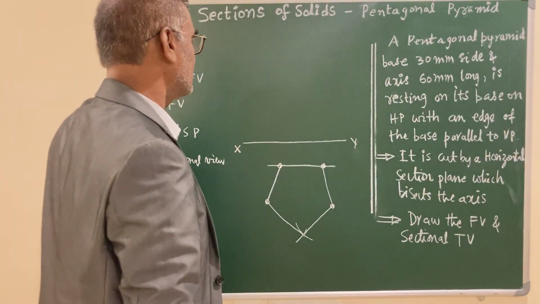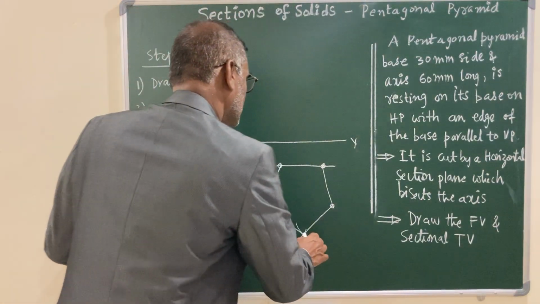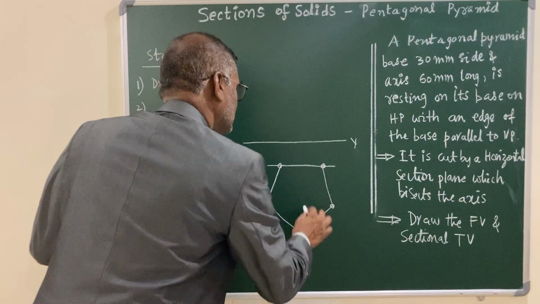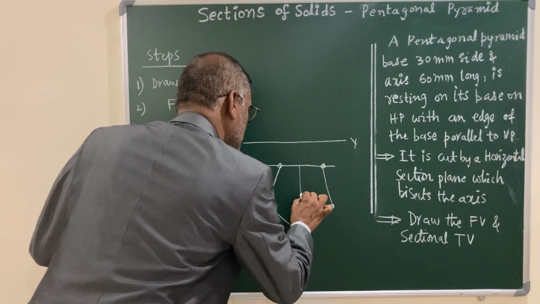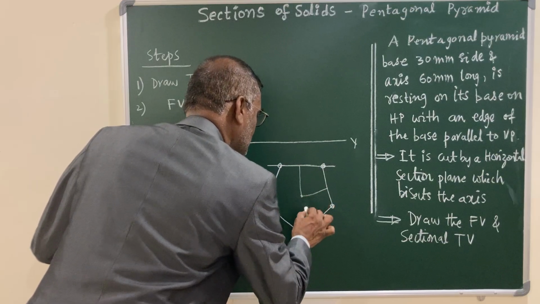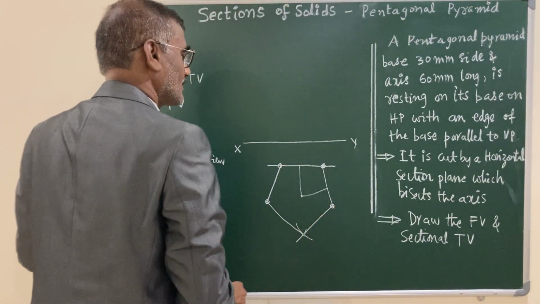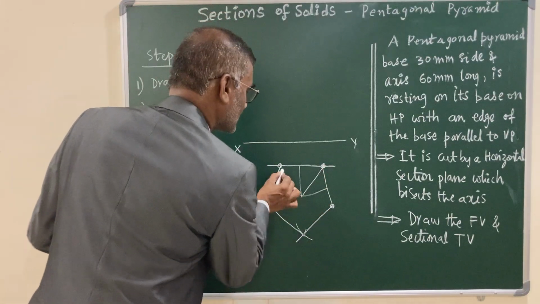And after completing this, you have to locate the midpoint. Draw a perpendicular bisector to two adjacent sides, so that you locate the midpoint, and join all the corners to this.